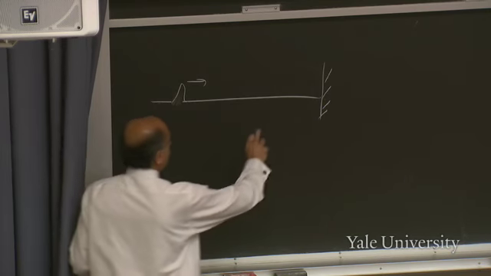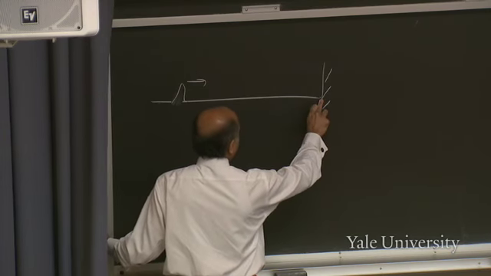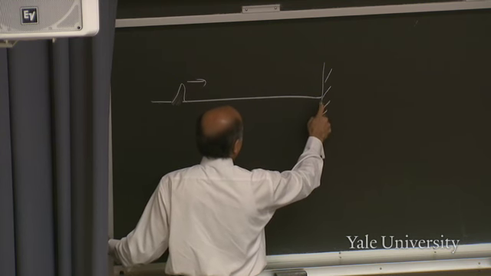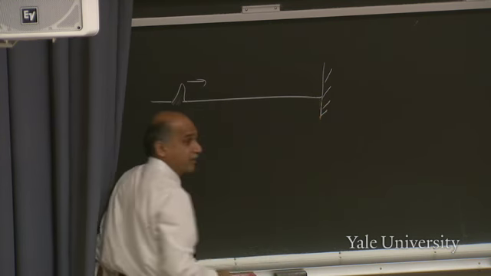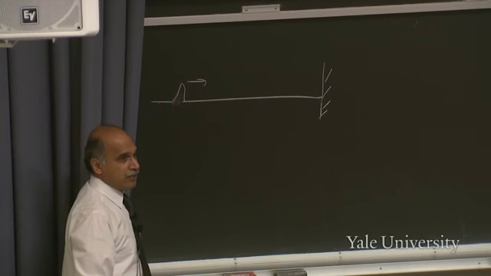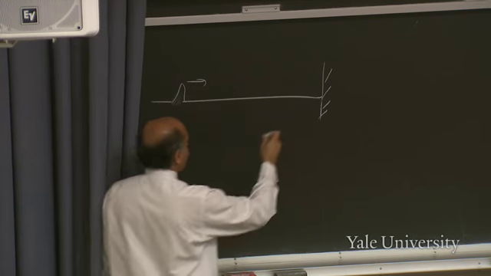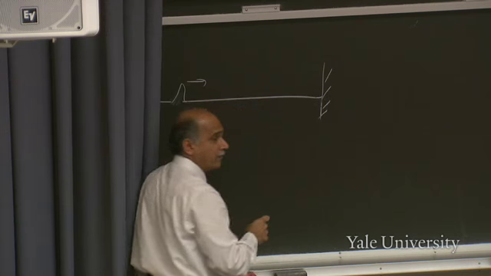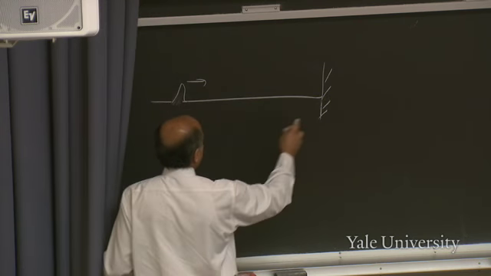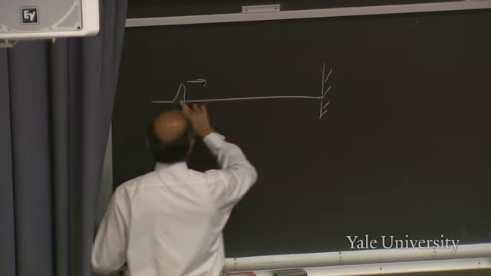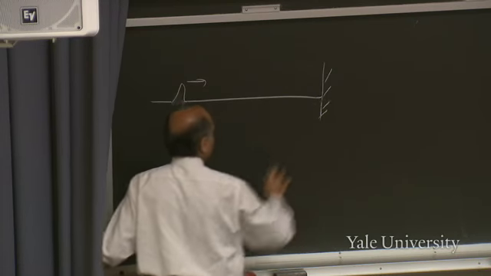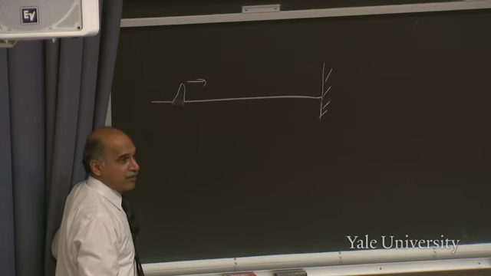Well, by the time this pulse gets to this place where the string is anchored and not free to move, it cannot vibrate here. So how is that going to happen? Well, some forces will be exerted on the string by the wall to make sure that the signal the wall sends out, along with the signal you send out, add up to 0 at the point of contact, because no vibration there is allowed.